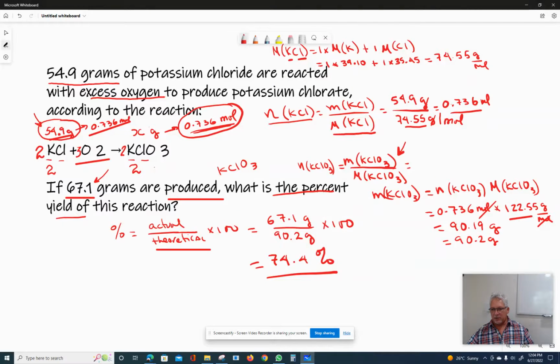Remember, for finding this number, you need to go to the periodic table and add one time the atomic mass of chlorine, one time the atomic mass of potassium, and three times oxygen. And that was 122.55. And then dividing this, because this is the actual over theoretical times 100, will give you the answer. So that's my answer for the problem.